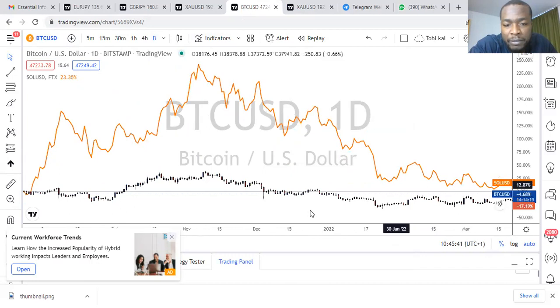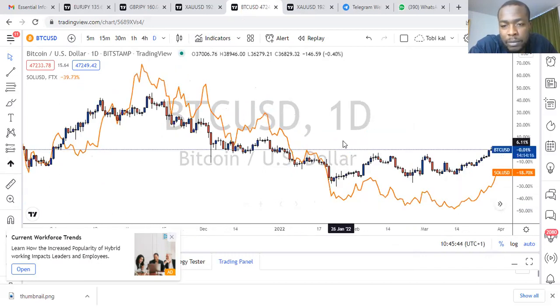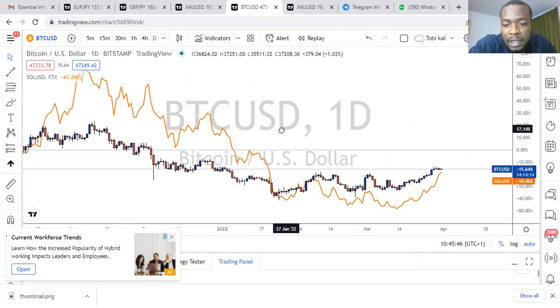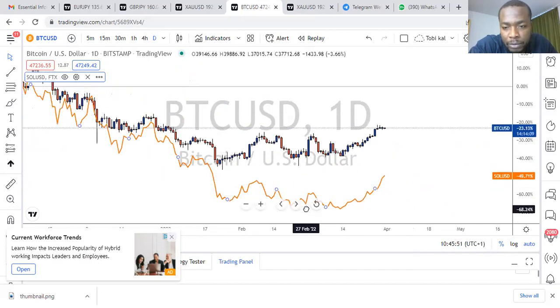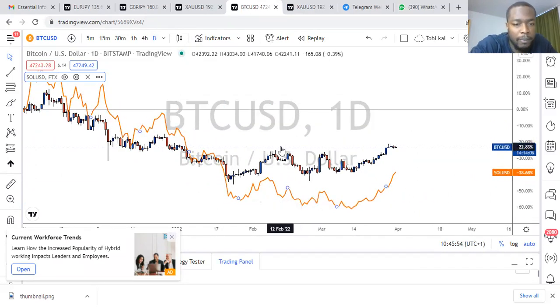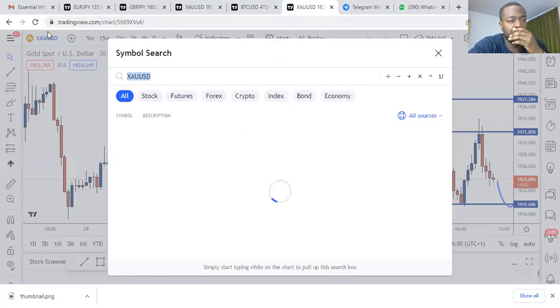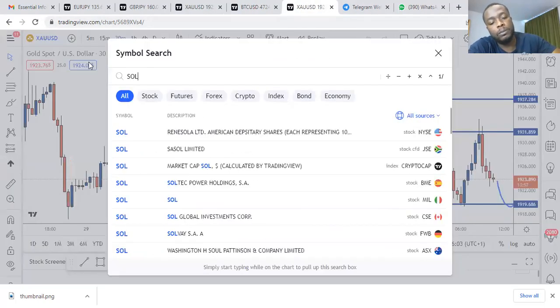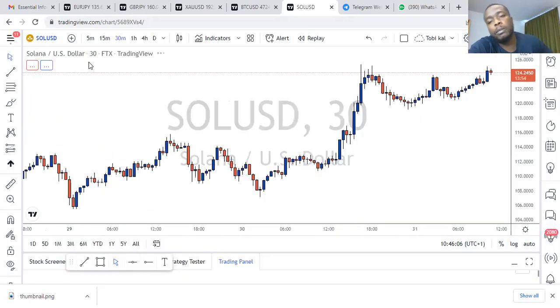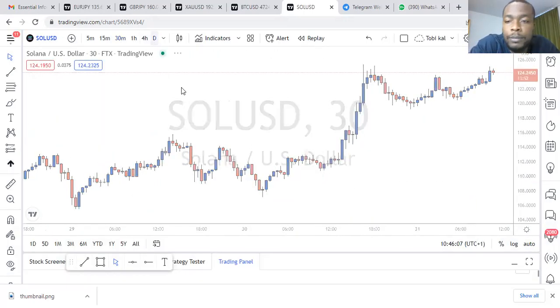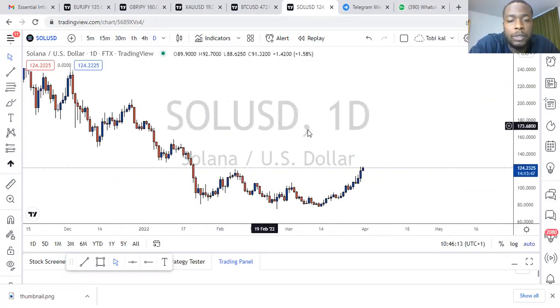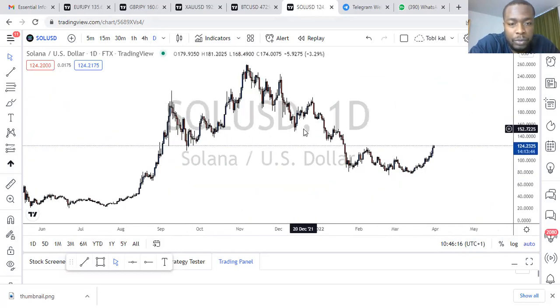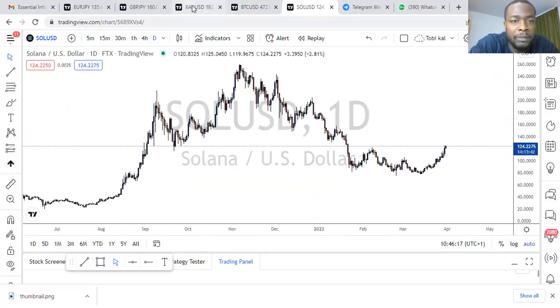So it's giving us a line form actually. This is the line form, and you can readily see what I'm talking about. Okay, so look at Sol. This is Sol USD on the daily time frame.